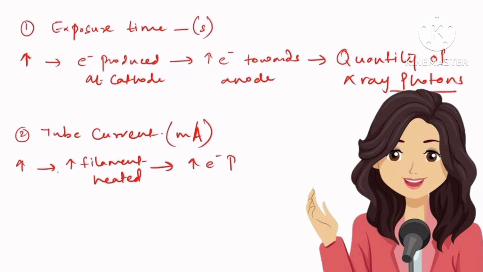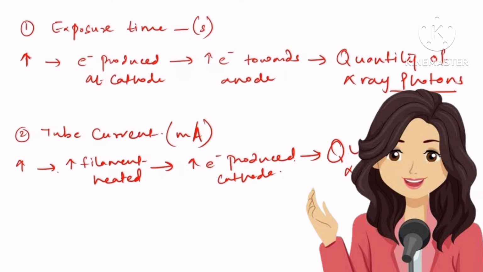Then the electrons produced at the cathode increase, and again this will influence the quantity of X-ray photons.